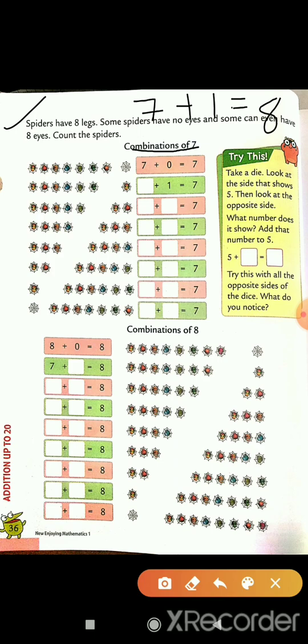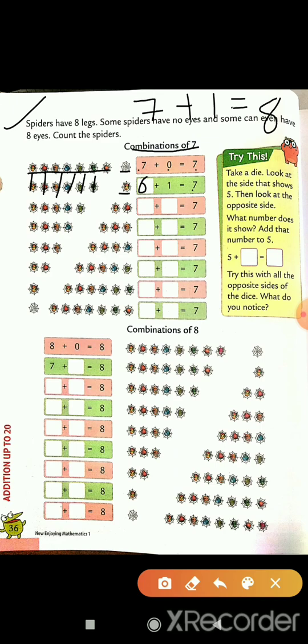So let us start. 7 plus 0. So 7 plus 0 is equal to 7. Then 1, 2, 3, 4, 5, 6 plus 1 is equal to 7.